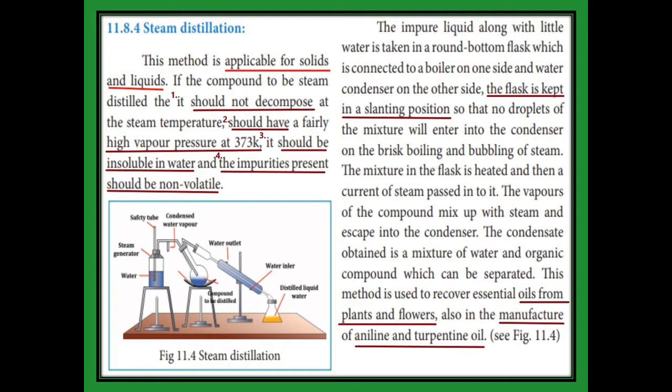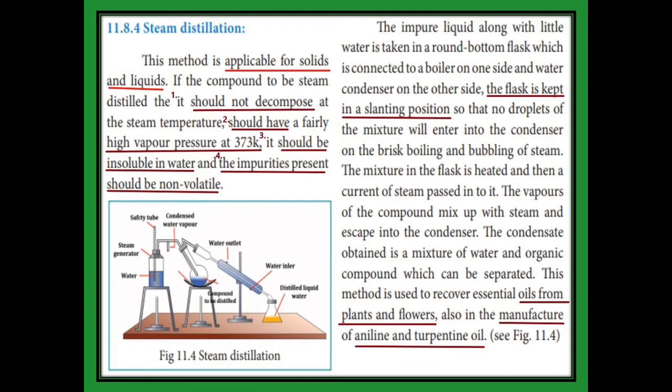The third condition: the organic compound should not be soluble in water, because if it is soluble in water, then again it goes to the vapor state, and along with the water we would get the organic compound, so it should not dissolve in water. The next one: the impurities should be non-volatile, because non-volatile means non-vaporable.